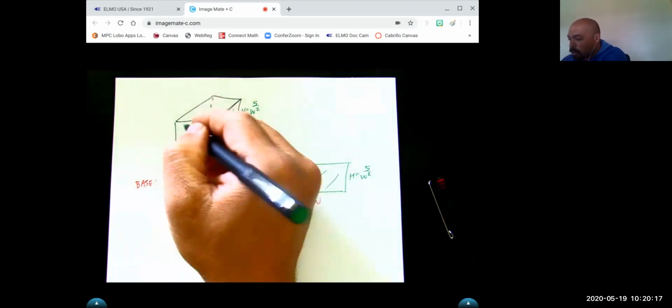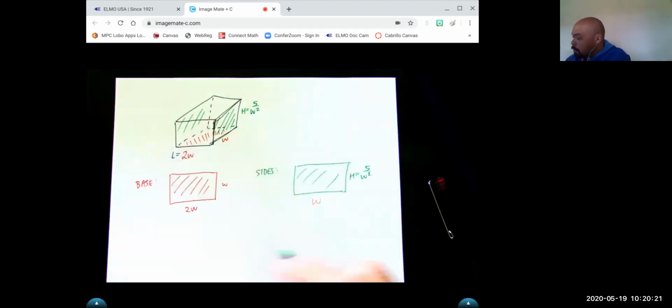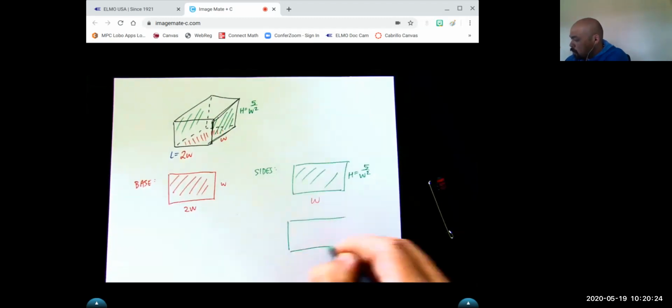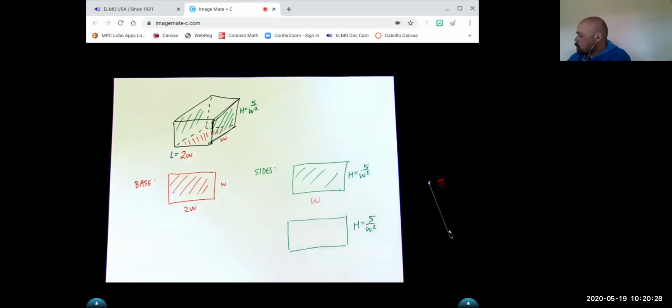And then of course the back wall as well, or left and right sides, that's going to be the same. So we have 2 of these.